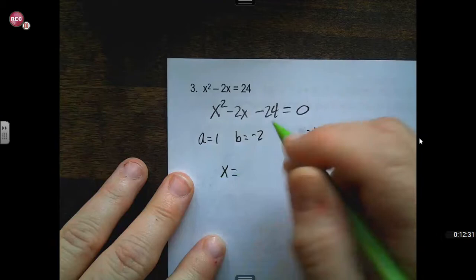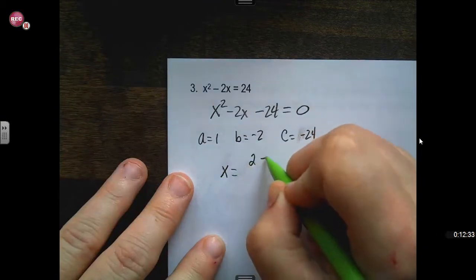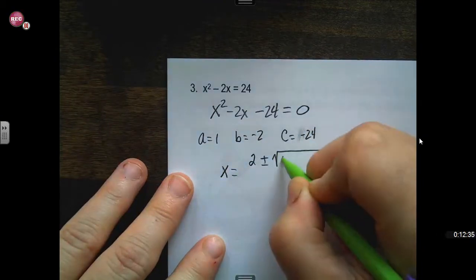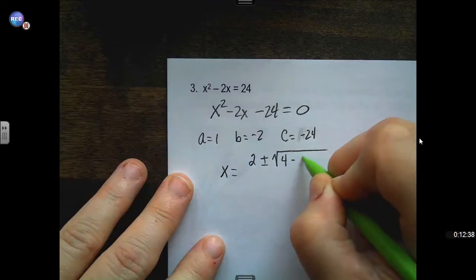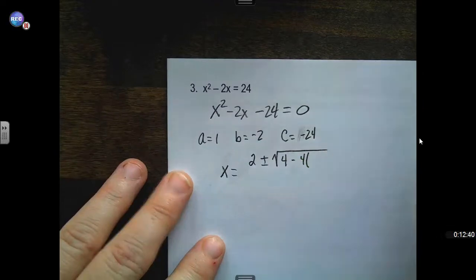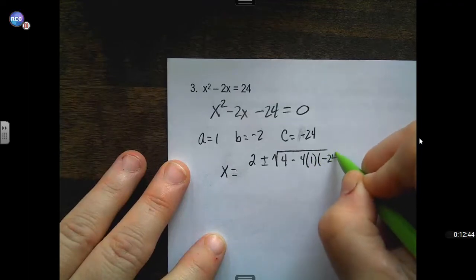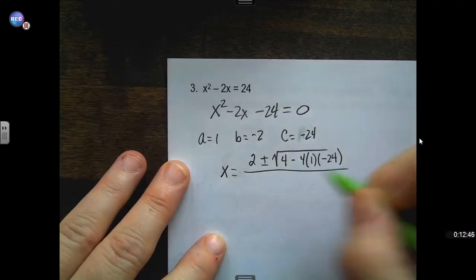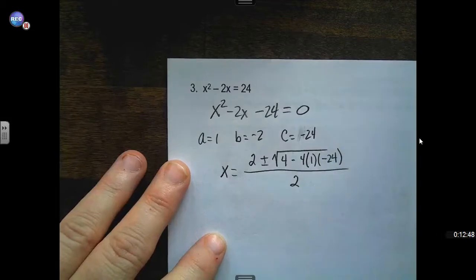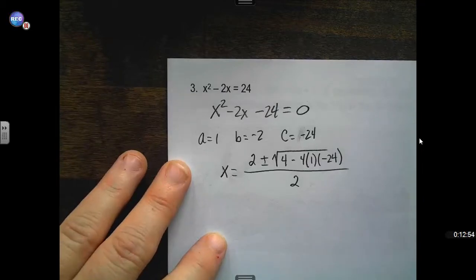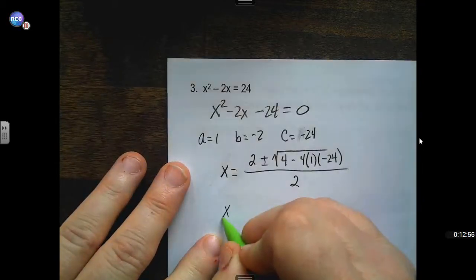So x equals opposite of B plus or minus square root of B squared minus 4 times A, which is 1, times C, which is negative 24, all over 2A. Let's see, 4 times 24 plus 4 is 100.